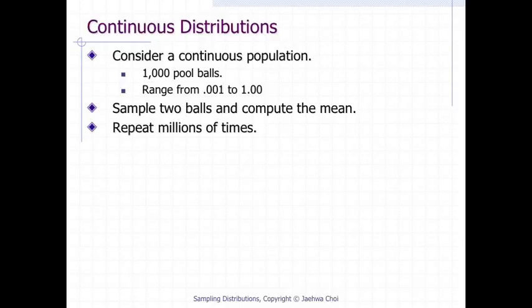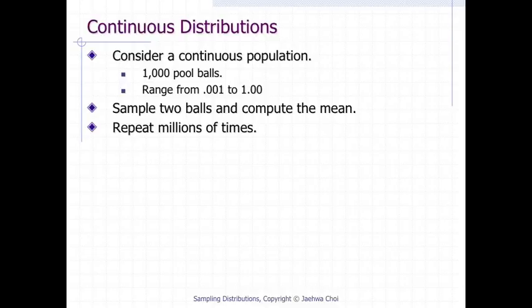Now it is time to move beyond our discrete set of the 3 pool balls. Instead of using 3, let's use 1,000 pool balls with numbers ranging from 0.001 to 1 in equal steps. Though this is not actually continuous, it is close enough for practical purposes.